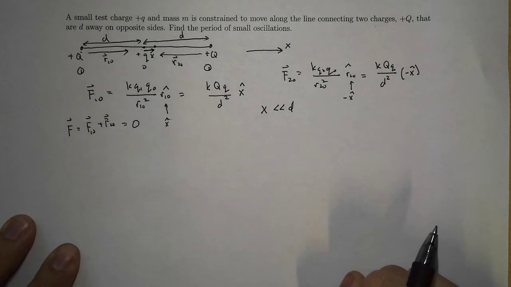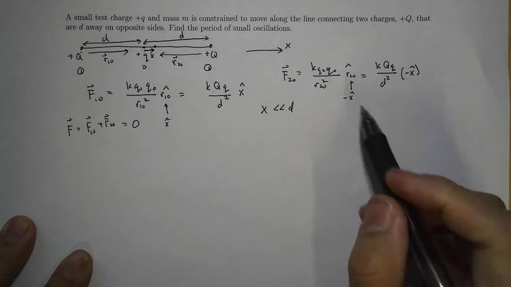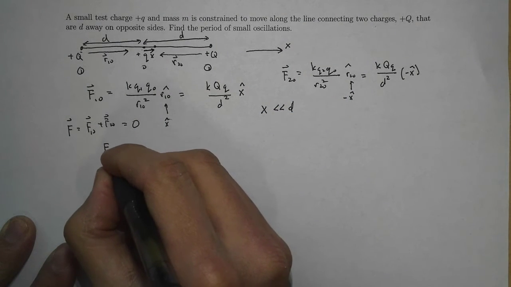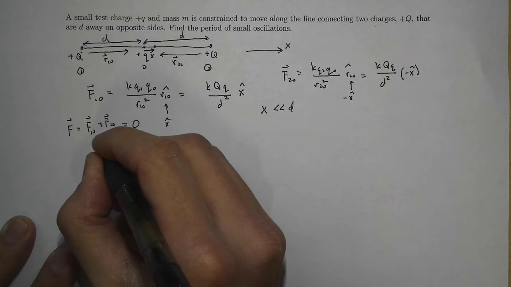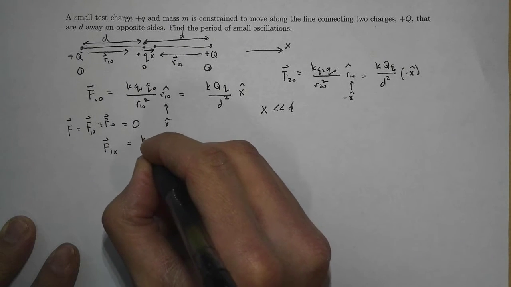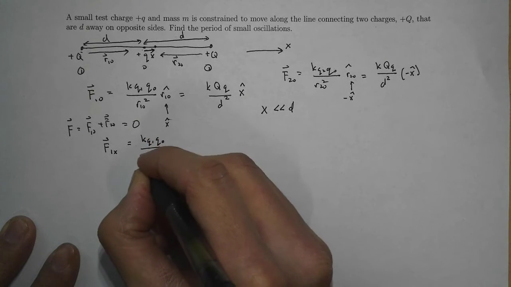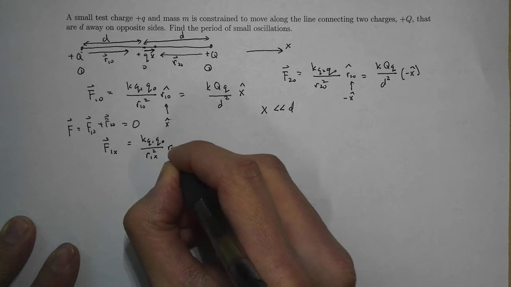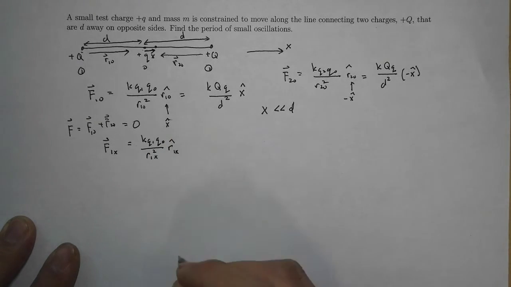But we need to get this thing exactly, so let's write this down correctly. So F1 at the position x is simply going to be k Q1 Q0 over R1 at x squared, R1 at x hat.